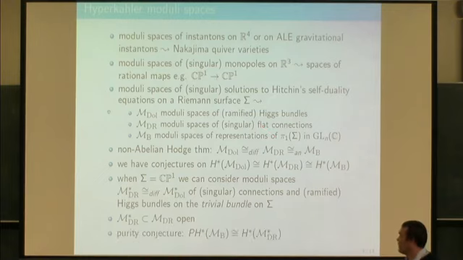So what we have is a conjecture which we call the purity conjecture, which says that the character variety, first of all, has an extra filtration on its cohomology called the weight filtration, coming from the Hodge structure on the cohomology, and one piece of that, the pure part, conjecturally should be isomorphic to the cohomology of this open variety.